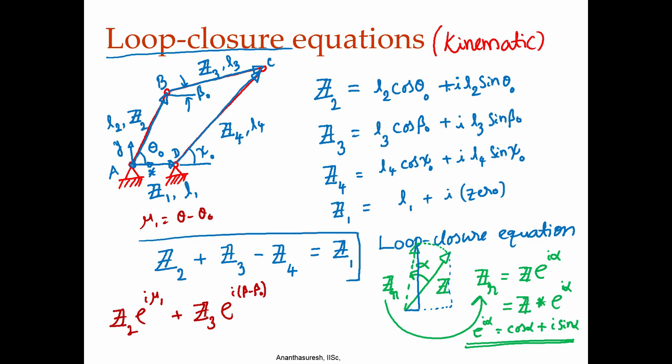But here we have to write the rotation of the coupler body, body that we have, that will be e raised to I beta minus beta 0 and then minus Z4 times e raised to I, that would be psi minus psi naught, that is the rotation of the output one, psi minus psi naught, that will still remain Z1, right.